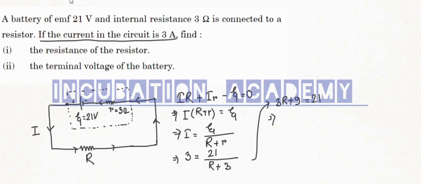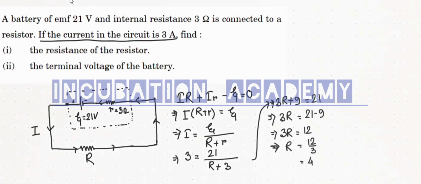So 3 capital R equal to 21 minus 9, so 3 capital R equal to 12. So capital R equal to 12 divided by 3 equal to 4 ohm. So 4 ohm is the resistance of the resistor.